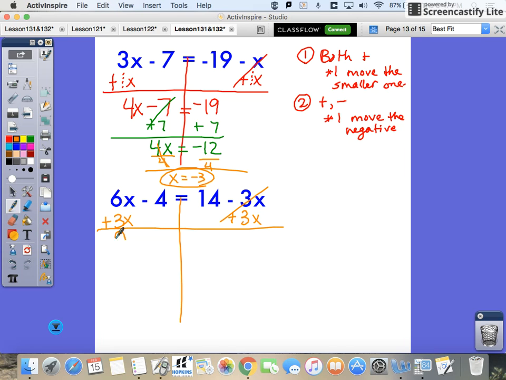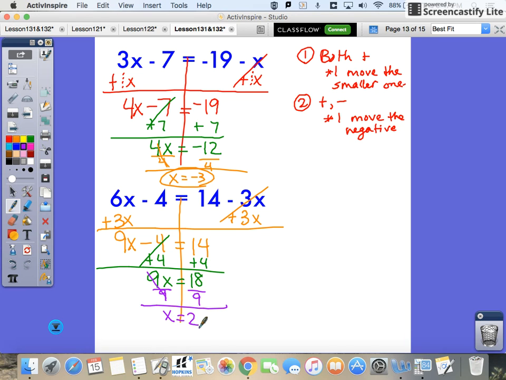We'd have 9x's minus 4 equals 14. Then do plus 4, 9x equals 18. Divide by 9, x is 2. If you guys ever get decimals or fractions, don't think you're wrong, because that happens often.